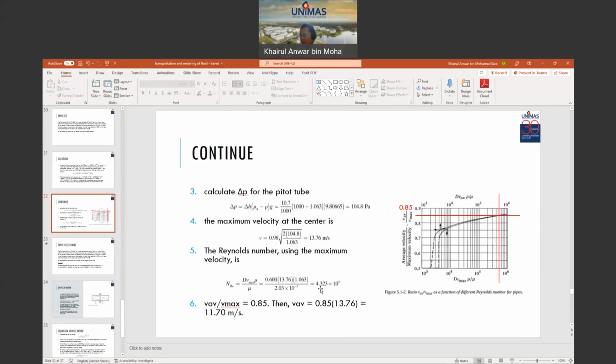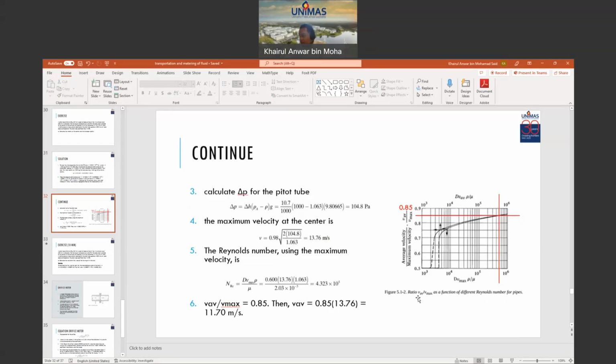So you get like 4.323 times 10 to the power 5. So V average over V max equal to 0.85, then V average equal to 0.85 times 13.76, which is 11.7. So the average velocity is 11.7 meters per second.